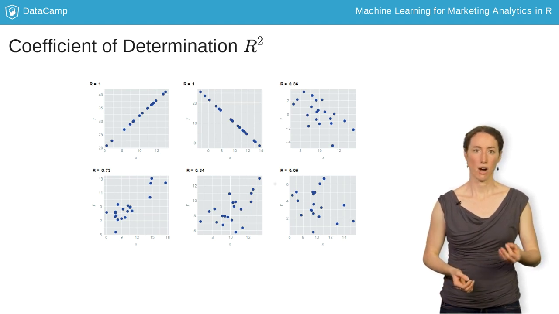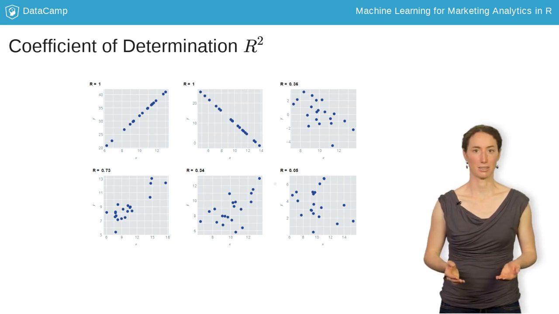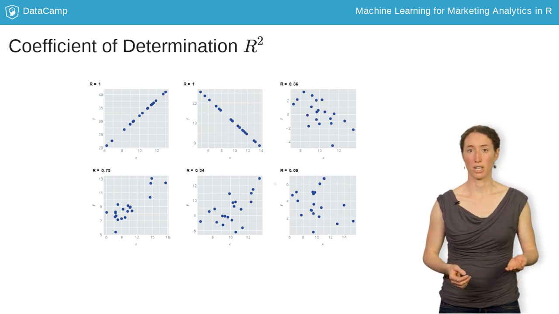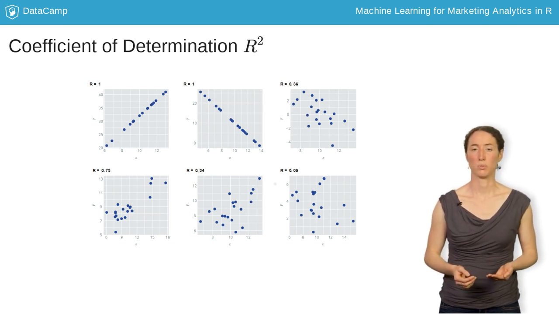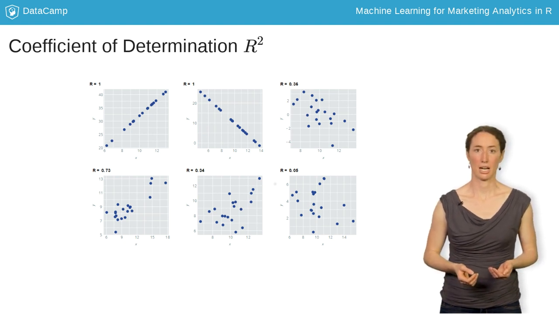Hence, if R² equals 0, none of the variation is explained. An R² equal to 1 corresponds to a model that explains 100% of the dependent variable's variation. In general, I want my R² to be as high as possible, but values above 0.9 are rarely reached.